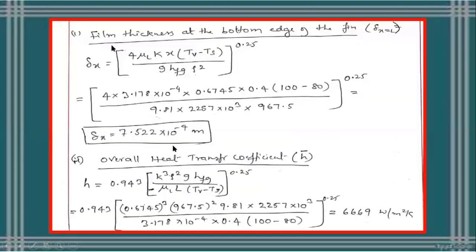Then we need to find out the film thickness at the bottom edge of the fin. For this, we need to go to the condensation table in the data handbook.